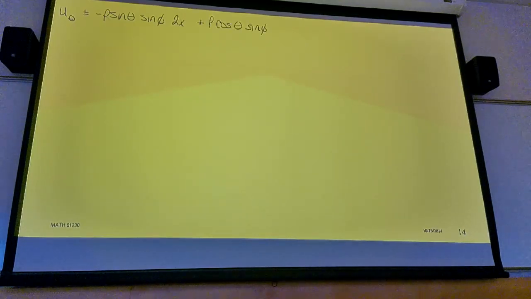I like that, so we won't write it out. And then this one has to be evaluated in spherical coordinates.